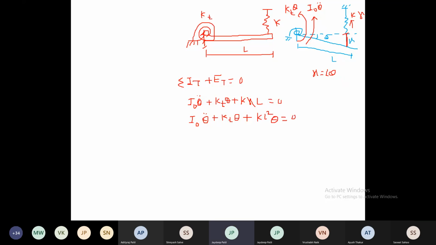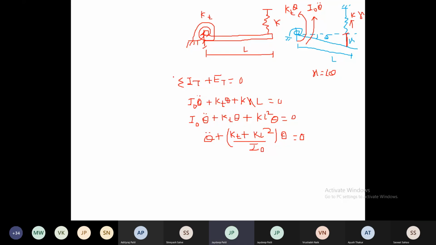Again, the final equation: in terms of theta double dot, you have to write the equation. Divided by IO, kt theta common plus k L square, in bracket, theta divided by IO is equal to 0. Is it right?